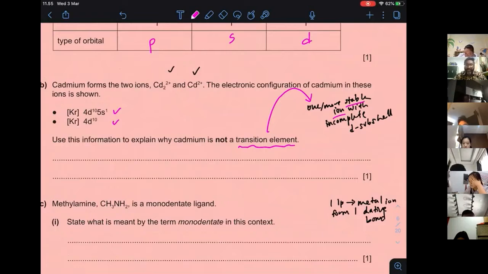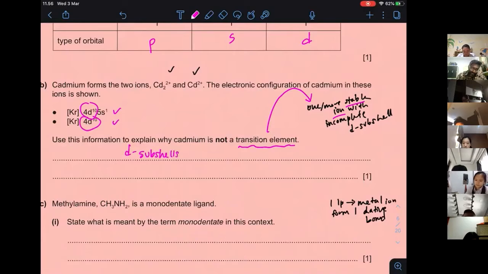Whenever you see here, the d subshells are all complete. So cadmium is not a transition element because the d subshells are complete for both of the ions.